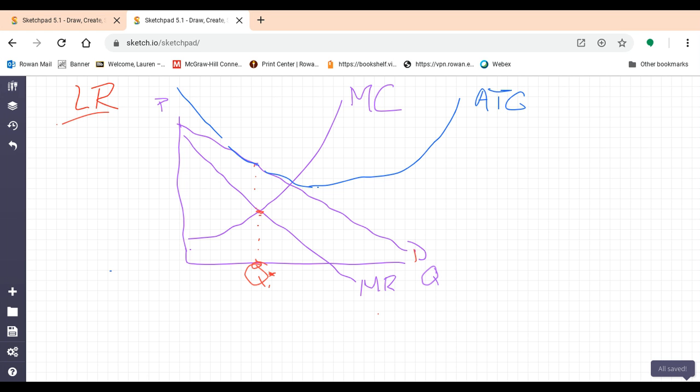And we still go up to the demand curve and look over to the price, so P1 star. However, because the average total cost curve hits our demand curve here, right at the price, that means we're going to have zero economic profit. So because price equaled average total cost, no profit.